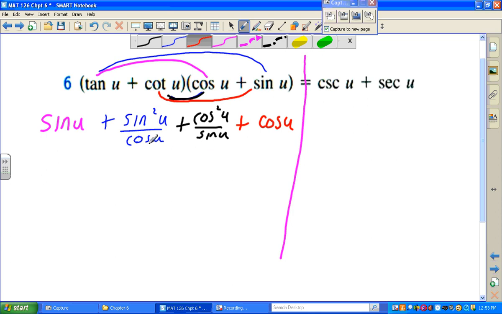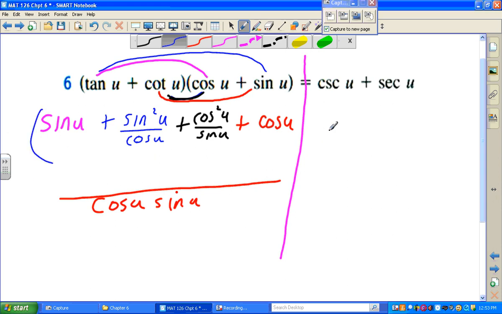Ready? Now what do we do? What is our denominator going to be? So I'll have to multiply the first one by both of them, right? I don't know how to show my work for that. Let's see, I'll do this. Cosine u, sine u, cosine.